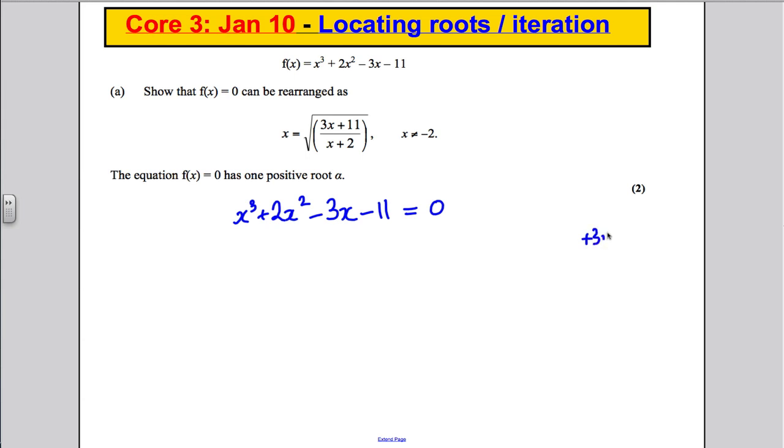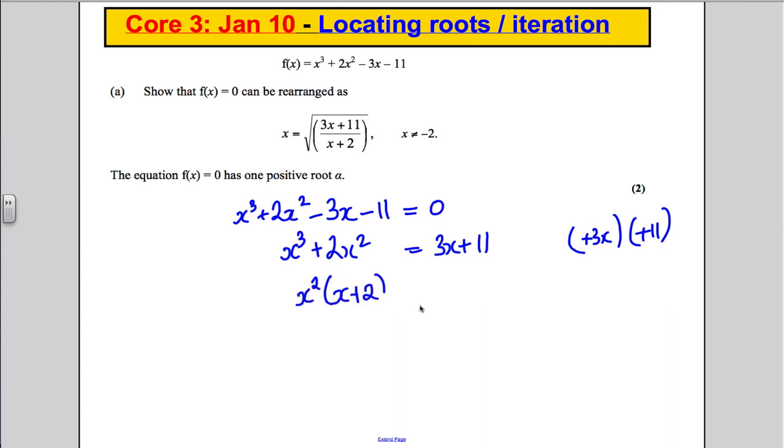So add 3x and add 11 to both sides of the equation, and you would get x cubed plus 2x squared is equal to 3x plus 11. Then you want to divide by x plus 2. If we factorise the left-hand side, factorising out an x squared, we get x squared times x plus 2 equals 3x plus 11.